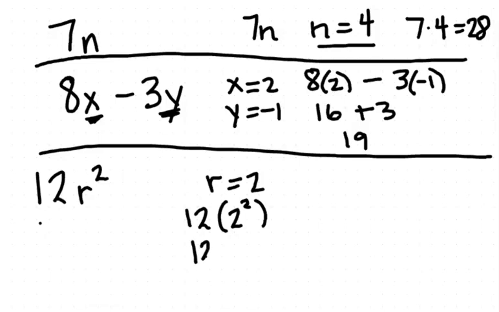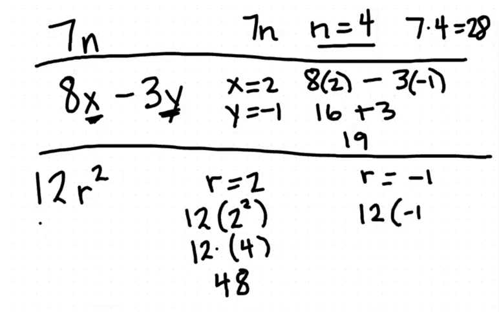So I have 12 times, my 2 squared is 4, because 2 squared is 2 times 2. 12 times 4 is 48. Let's put a negative value in there. Let's try r is equal to -1. Okay, so this time, instead of a 2, I'm going to put a -1. I'm going to square it.